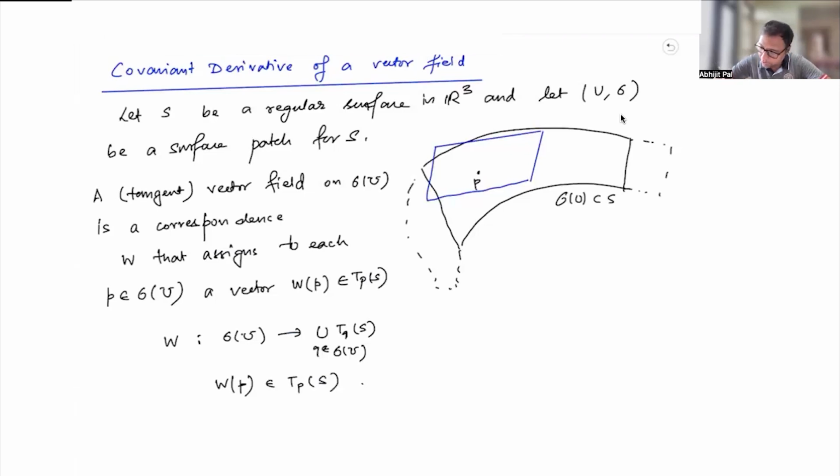Then W of P will be a vector in this tangent plane.